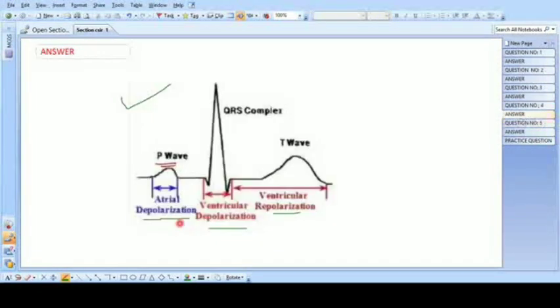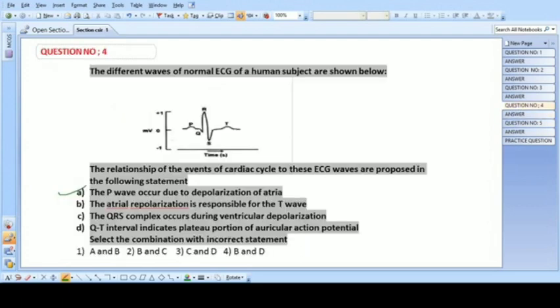Next, the T wave is of ventricular repolarization, but here it says the T wave is of atrial depolarization. It's a wrong answer. From the options, we have to find the incorrect statement. The first option is right, so of course we are not getting this as the answer, so we cancel one option.